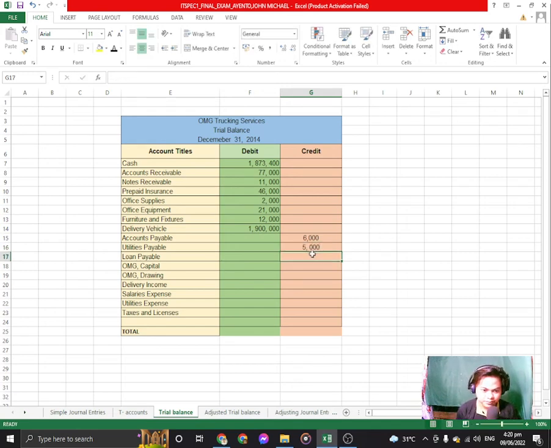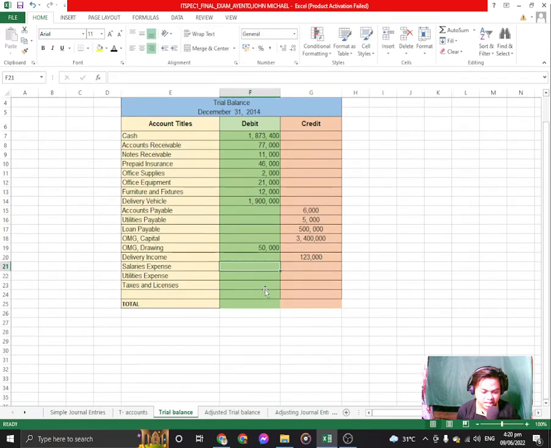And then loan payable kaganina is 500,000 pesos. And then katong capital ni Mr. OMG, we have the total of 3,400,000 pesos. So for the drawing, we have 50,000 pesos. And then for the delivery income, we have 123,000 pesos.